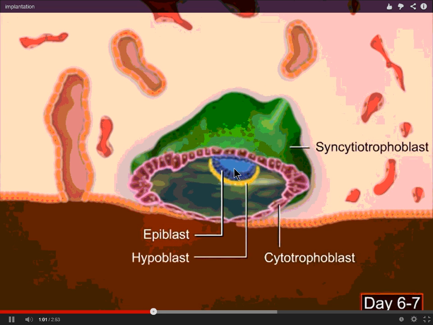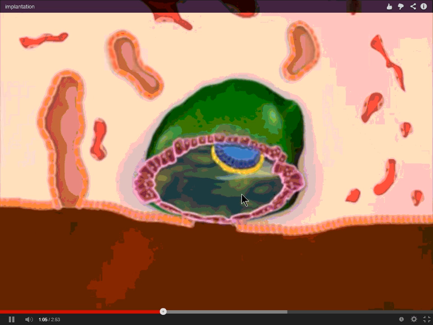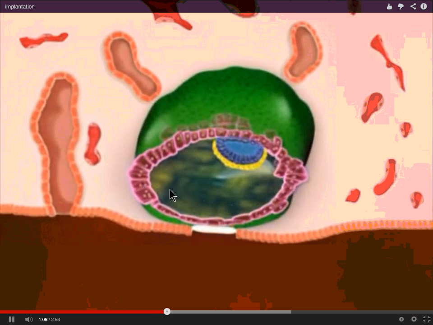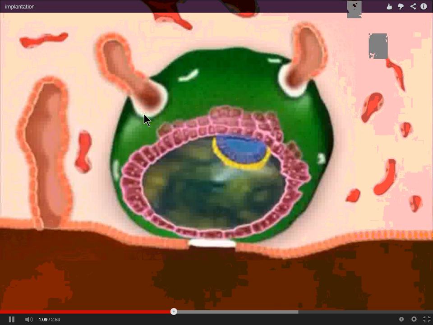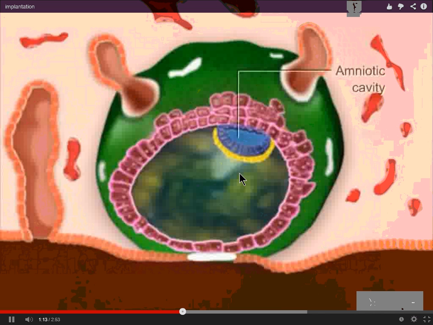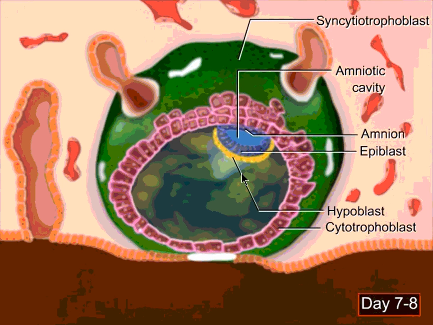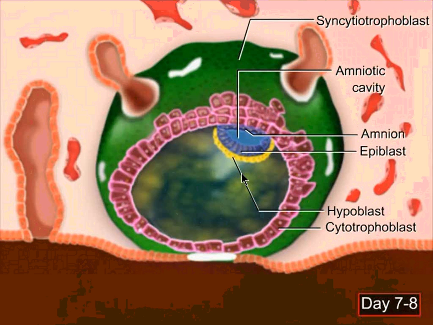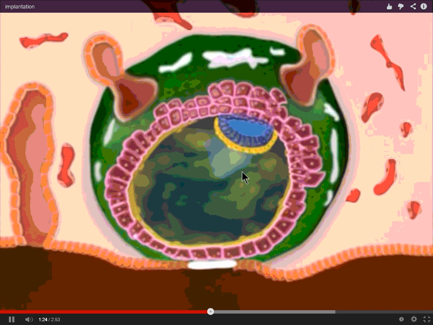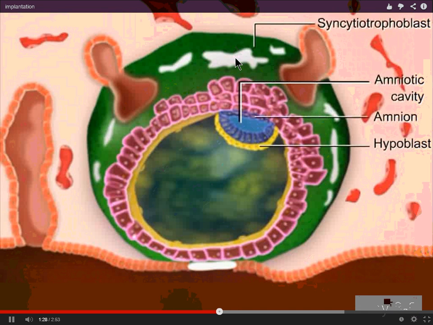So the two layers, here's the amniotic cavity which is forming. And it opens up glands, so the secretions of the glands can directly nourish the growing embryo. And now it's just getting larger.